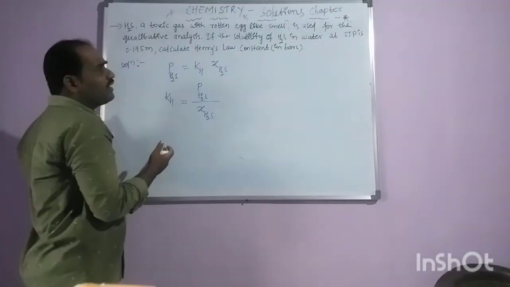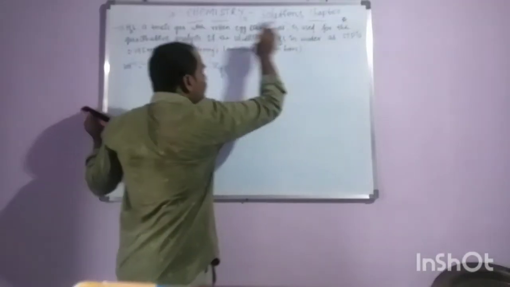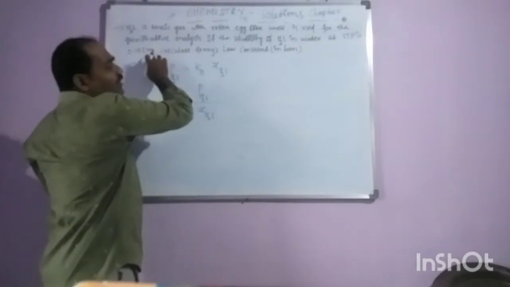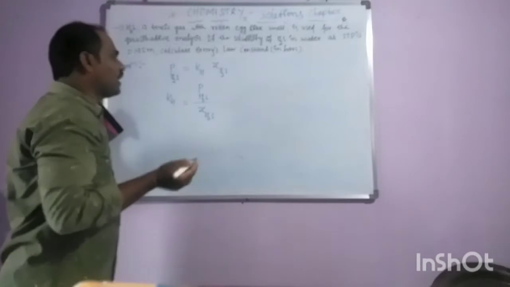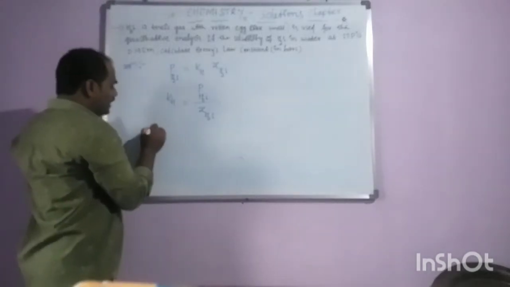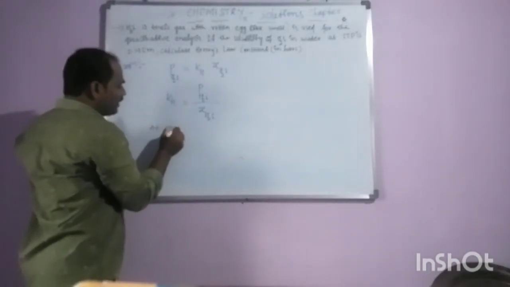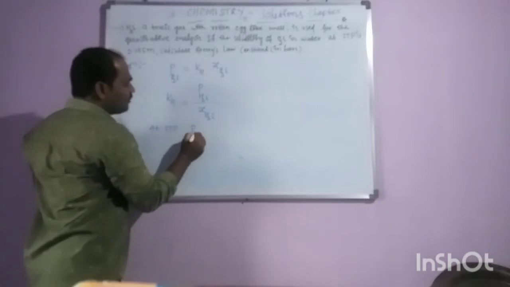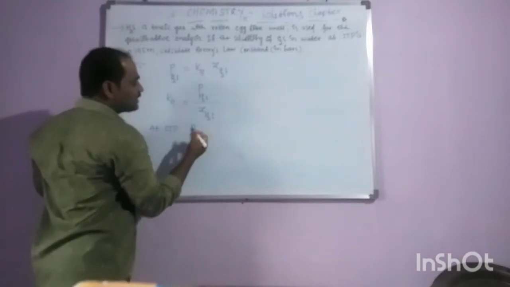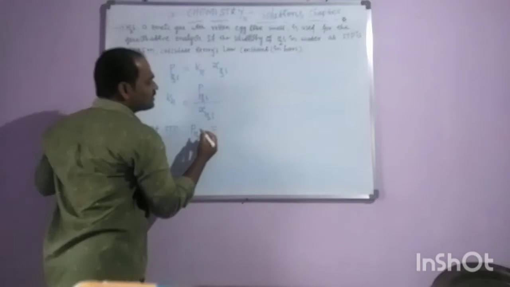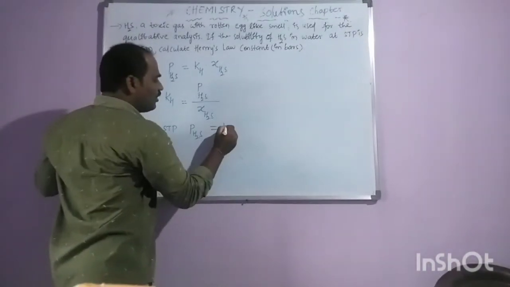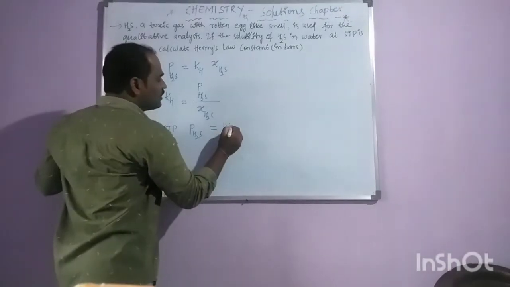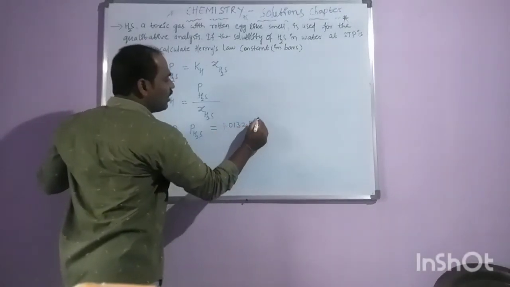But what is given? At STP, 0.195 m of the gas is present in the water. At STP, the partial pressure of the gas in bars is equal to 1.01325 bar.